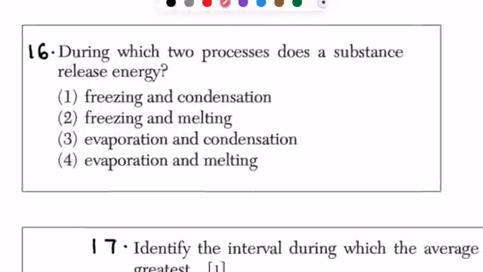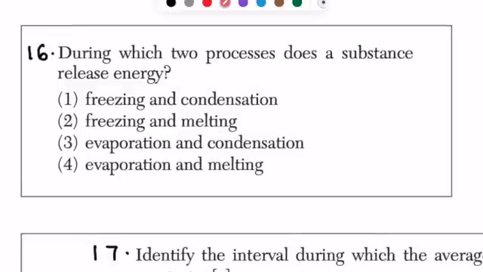During which two processes does a substance release energy? A very quick thing that you can remember is if, let's say, we are starting from a solid and we are converting that to a liquid and then to a gas, we are trying to move the particles away from each other. So these absorb heat.